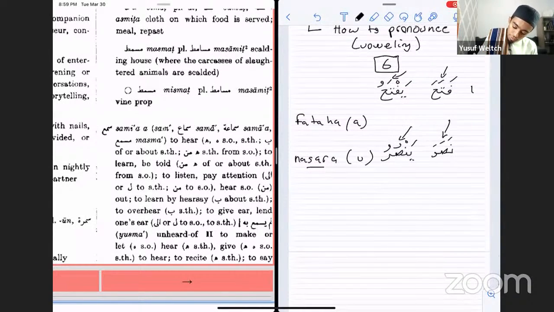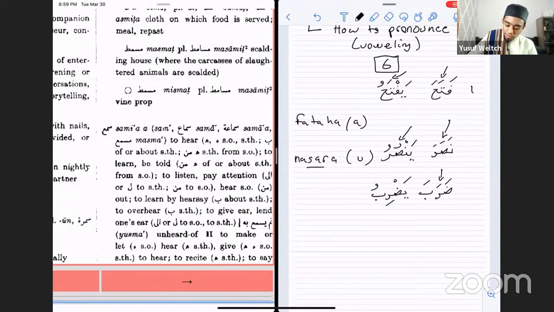Then you have daraba. These are the 3 that all start with fathas. The only thing changing here is the middle letter. Every other letter stays the same as normal. Yadribu. Here we have a fatha on the right side, and fatha, dhamma, or kasra on the left side. This would be shown as daraba yadribu.